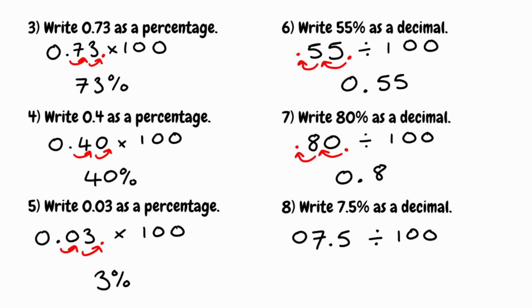So dividing by 100, moving these digits twice to the right, our decimal point would now appear here, in front of this 0. So we have our decimal point, followed by 075. All I need now is a placeholder in front of that decimal, which would go here. So 7.5% converted to a decimal is just 0.075.